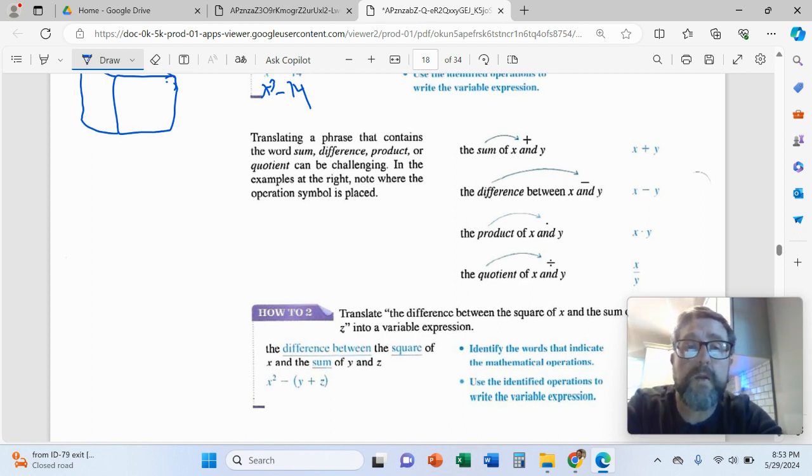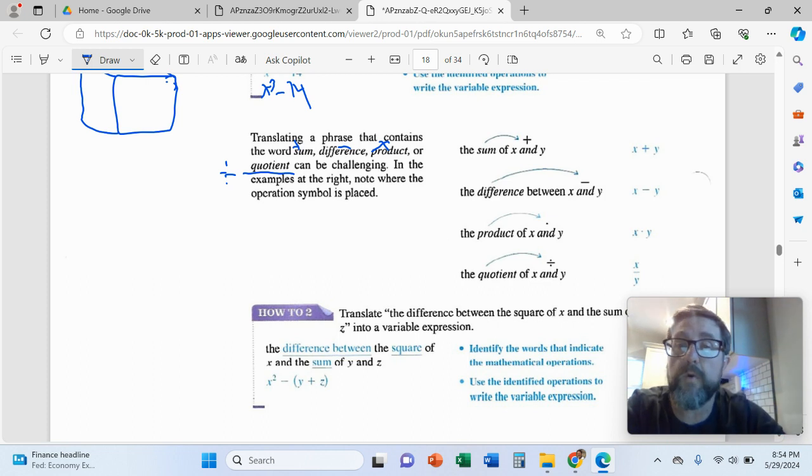Translating a phrase that contains the word sum, difference, product, or quotient can be challenging. In the examples at the right, note where the operation symbol is placed. Remember, quotient means division, sum means addition, difference means subtraction, and product means multiplication.